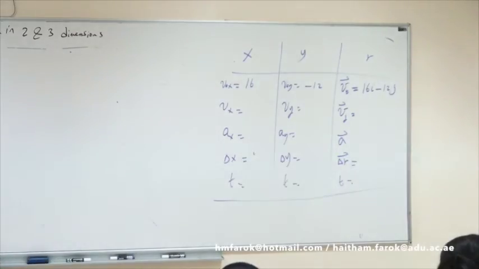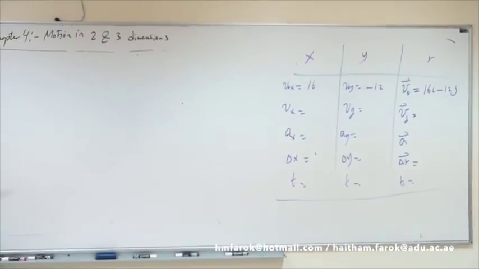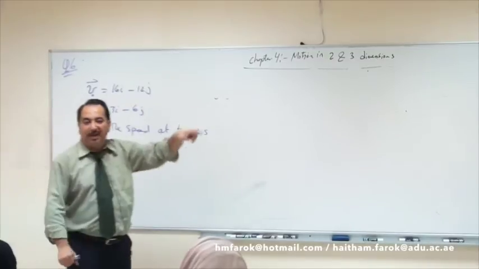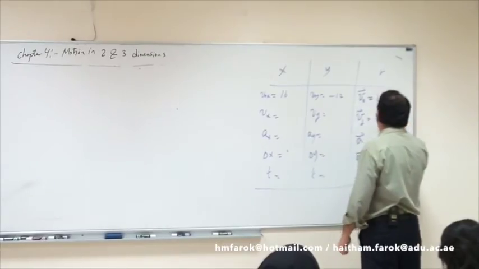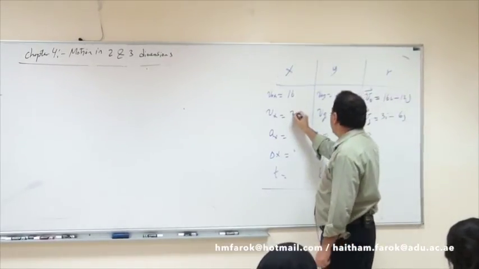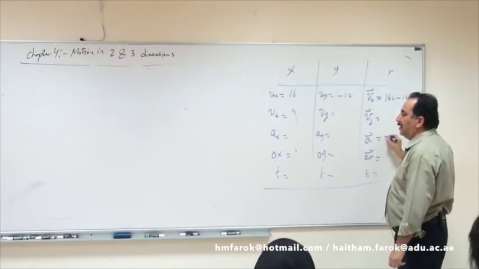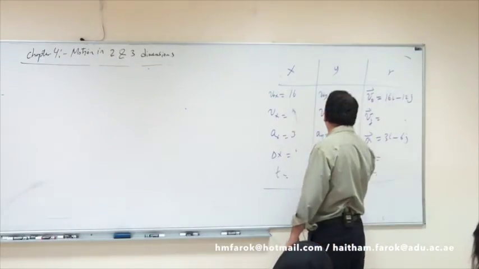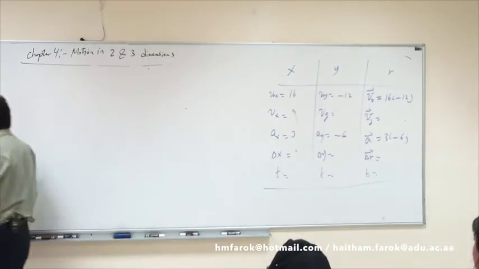Why do we say that's initial? Because it says at time 0, when you read the question, the velocity is this. So this is initial velocity. Now what's the acceleration? 3I minus 6J, so this goes in the third column. It's a 3 and minus 6. Now, what do I want?